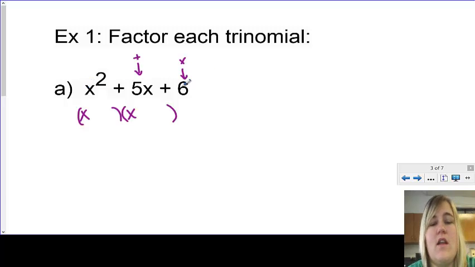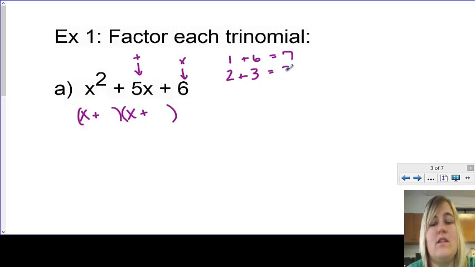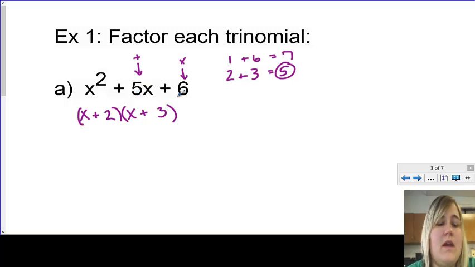So now I'm going to list out anything that will multiply to get me 6, which is 1 times 6 and 2 times 3. Now, these are both positive, which means that I have to add. If I add 1 plus 6, that gets me 7. If I add 2 plus 3, that gets me 5. This is the one that I need because I have to add to get 5. So I'm going to put 2 and 3, and I'm done.